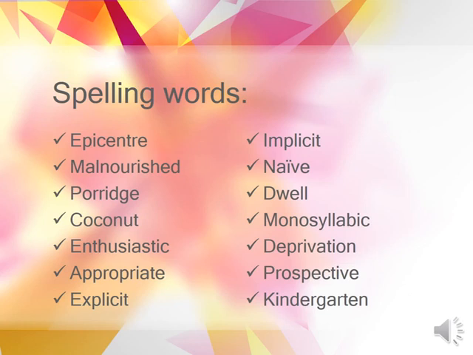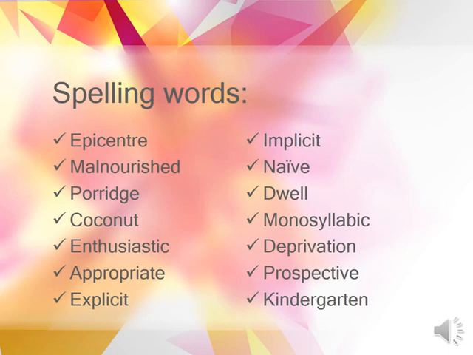Naive is somebody who doesn't have experience. That's naive. Then you have dwell, which means live. The word monosyllabic. Mono always means one, so monosyllabic means one syllable. It's usually used with words that have one syllable, like cat.